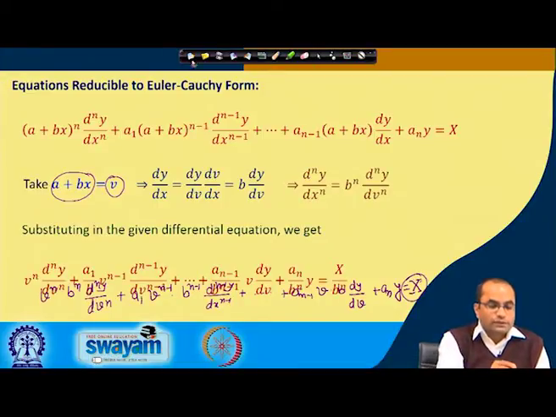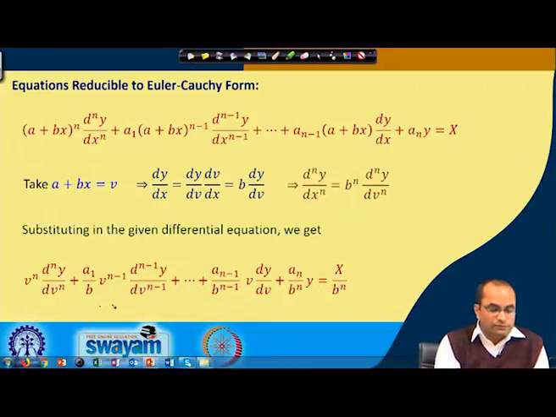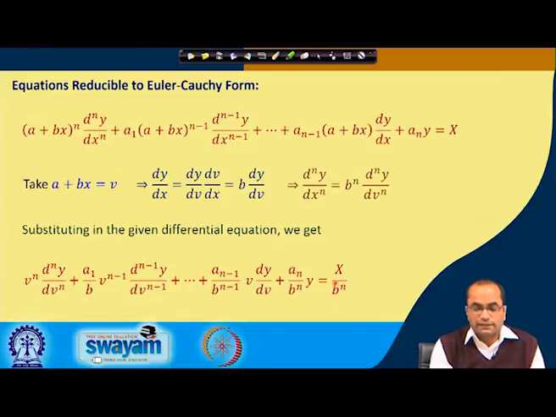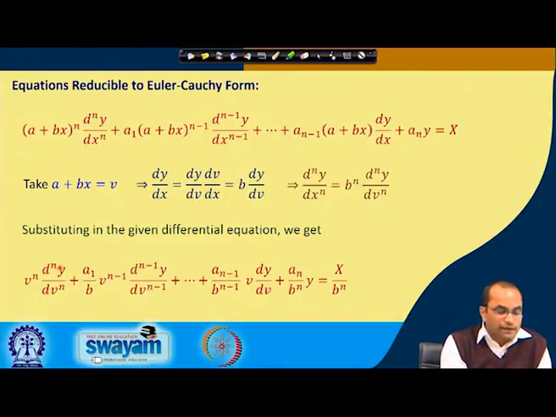So, when we convert this, what are we getting here? By dividing the whole equation by b^n, the right hand side becomes x, which again we have to substitute in terms of v, and it will be divided by b^n. On the left hand side we have v^n d^n y over dv^n.